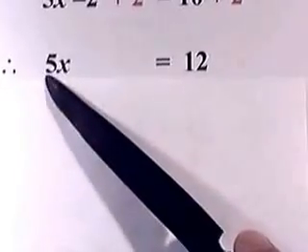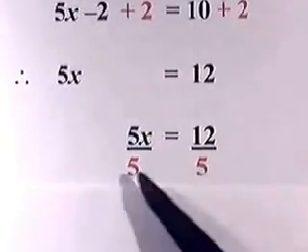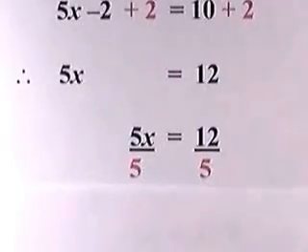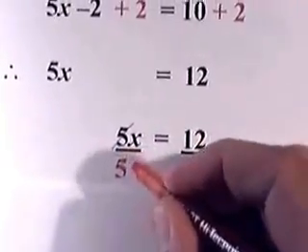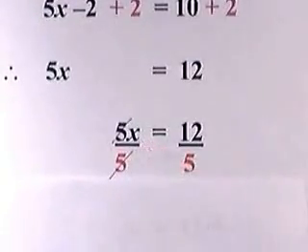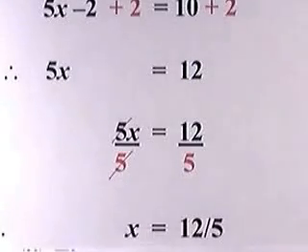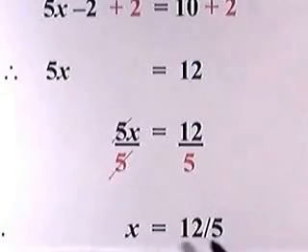To get rid of this multiplication by 5, I've got to divide both sides by 5. And this 5 and that 5 can cancel off, leaving me just with the x, and I have my final answer that x is equal to 12/5, written like that.